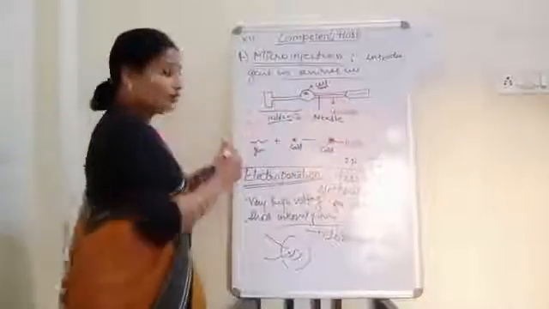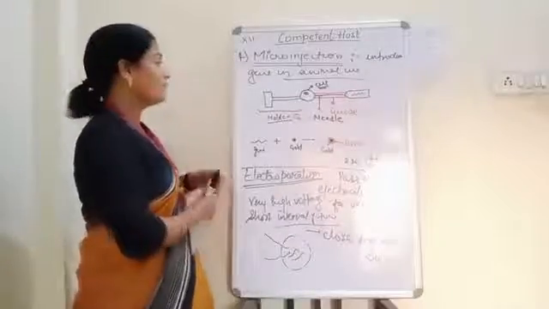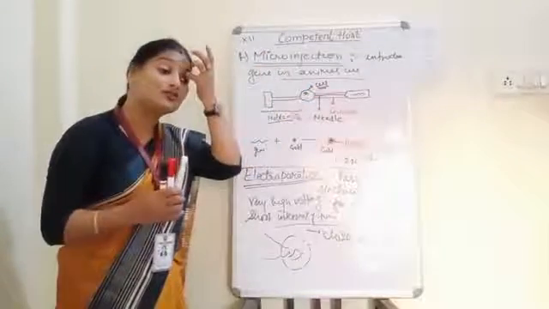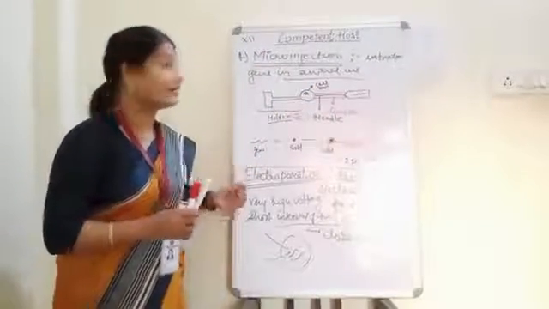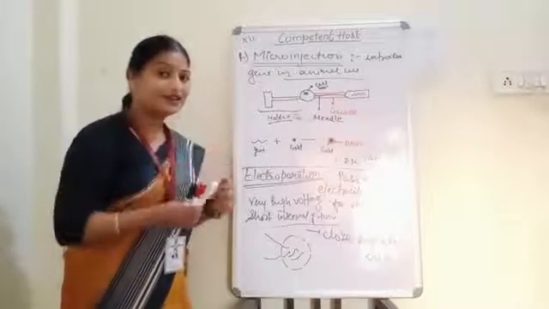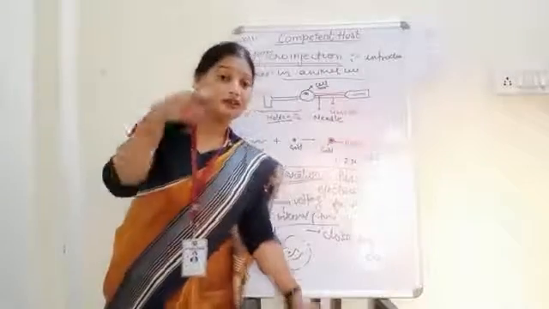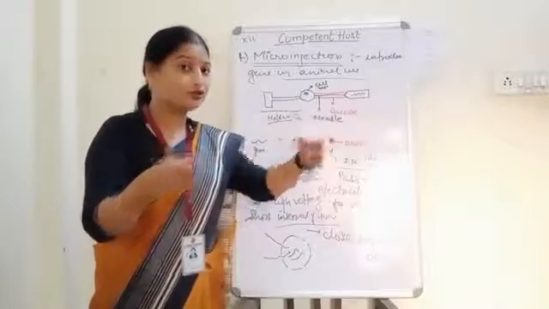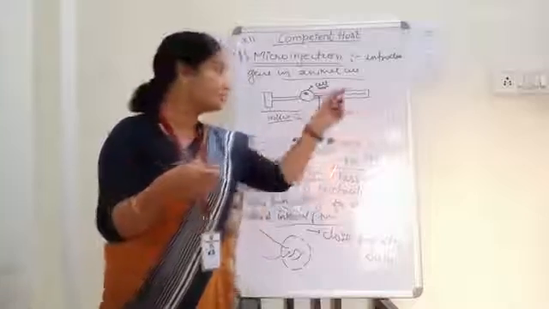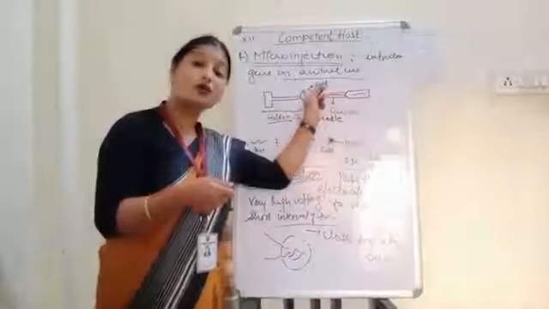Everything is very fine and very minute, and it is done under the microscope, where we can see all this. We put one holder, and with the help of the holder we hold the cell under the microscope. Then from this side we pass the injection, and with the help of the needle, this DNA enters into the host cell.